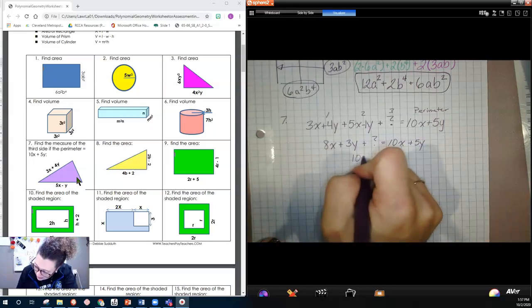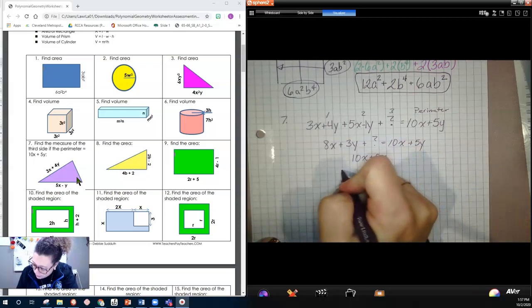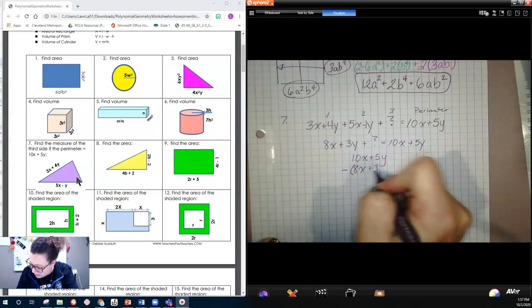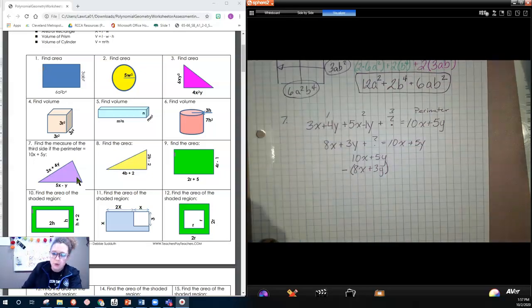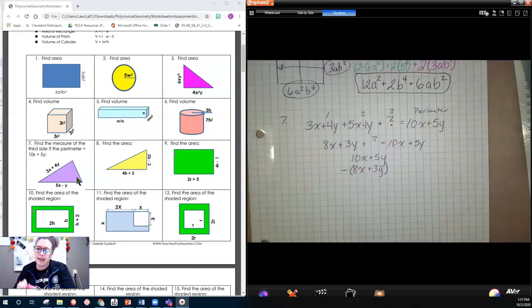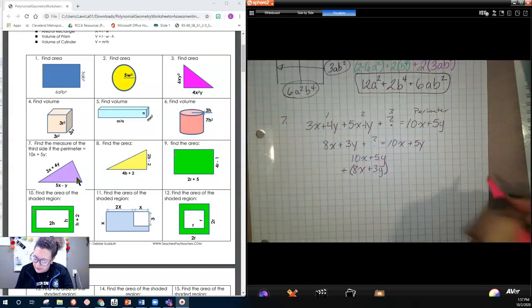So I'm going to take our 10x plus 5y, and I am going to subtract from it 8x plus 3y. And when we subtract, what's really going to happen is we are going to take our subtraction sign, turn it into a plus sign, and change the sign of everything inside the parentheses.